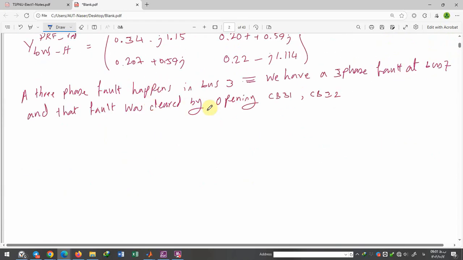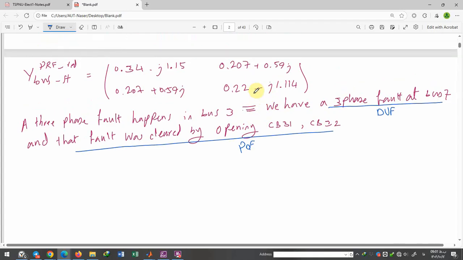So this situation describes the post-fault. This situation describes during fault. And in the pre-fault situation, nothing happens, and in pre-fault we do the calculations to the end by reduction of pre-fault.